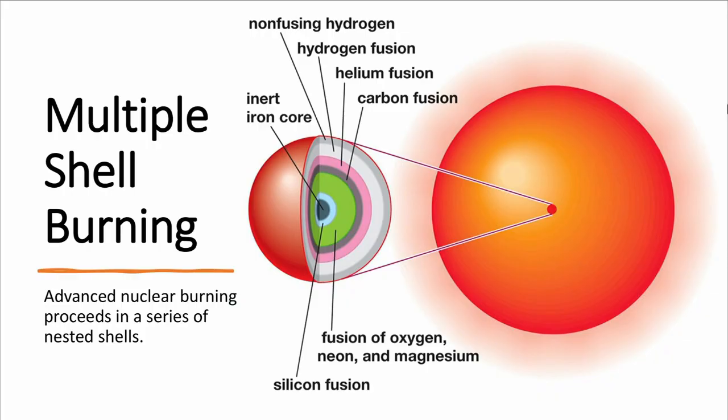And the physics will change when we get to iron. This is just the material around the core. The star is still made out of mostly hydrogen that is just a gas. It's not hot enough to do fusion reactions or anything yet. And so we have these nested shells of fusion reactions all happening.